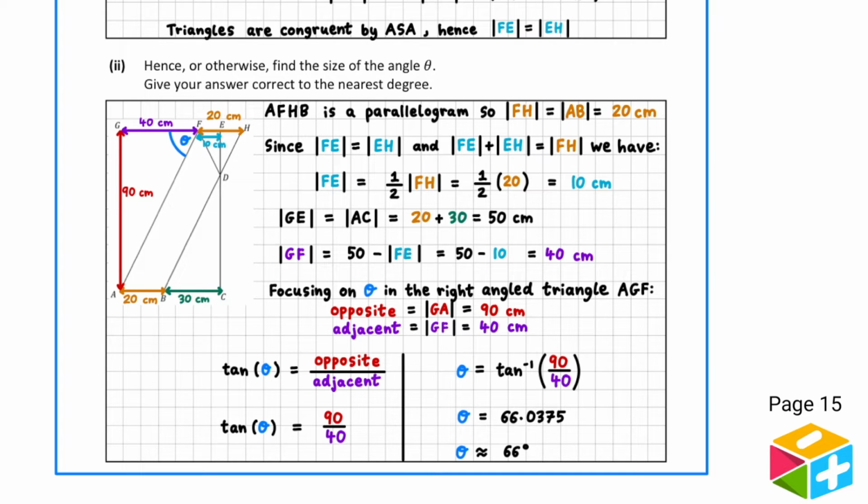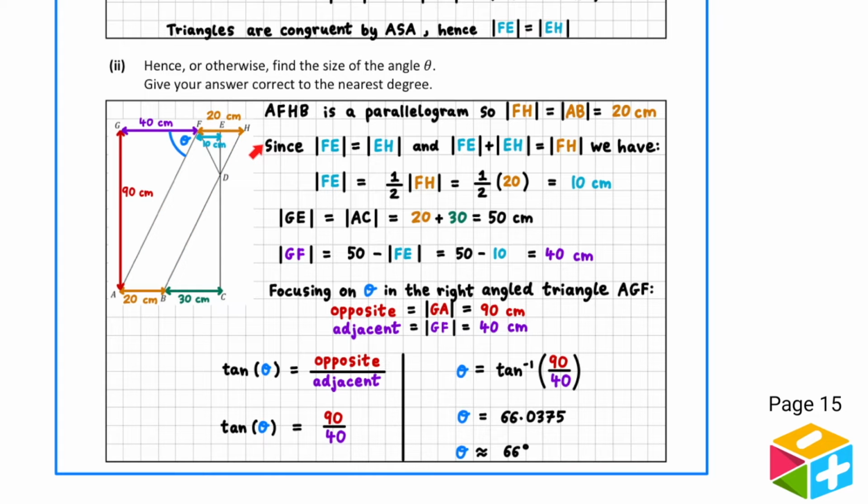This information can be used to fill in some other side lengths. The first thing to observe is that AFHB is a parallelogram. We know that AB is 20 centimetres and opposite sides in a parallelogram are equal, so it follows that FH is 20 centimetres.